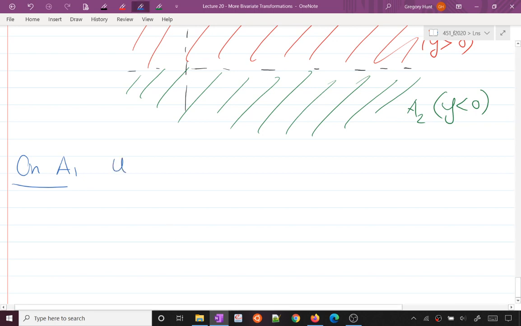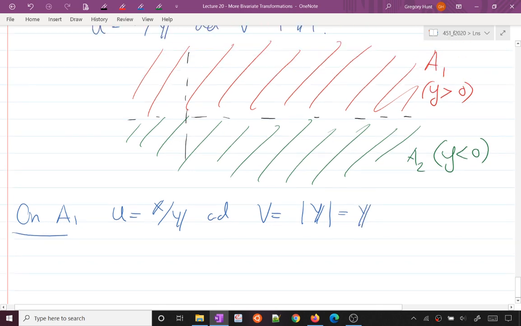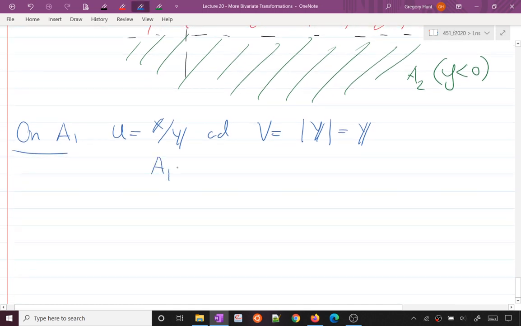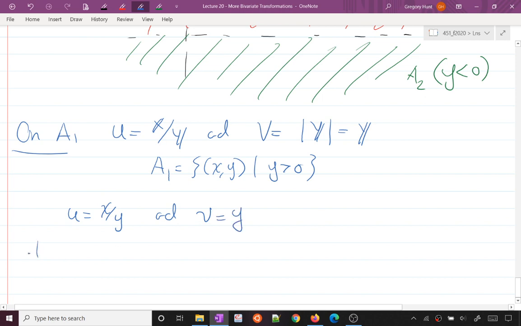Okay, so on A1, u is x over y, and v is the absolute value of y, which is just y, right? Because if y is bigger than 0, the absolute value of y is the same thing as y. So our chunk A1 here is the set of points x and y such that y is bigger than 0. And if u is x over y and v is y, then if we want the inverse functions, let's solve back for x and y.